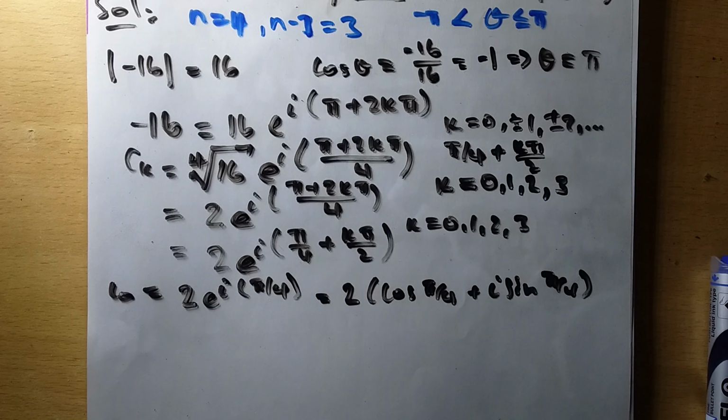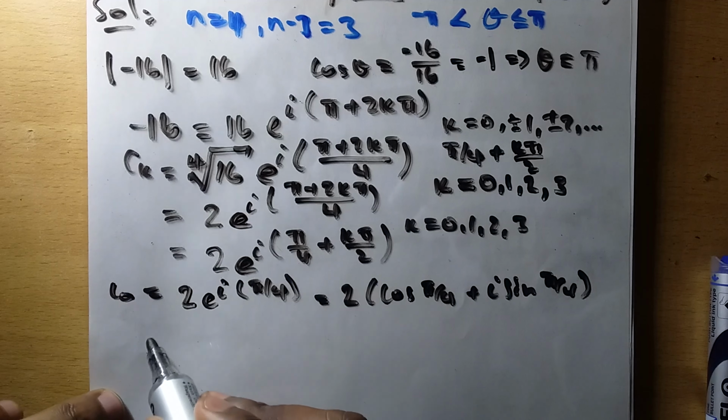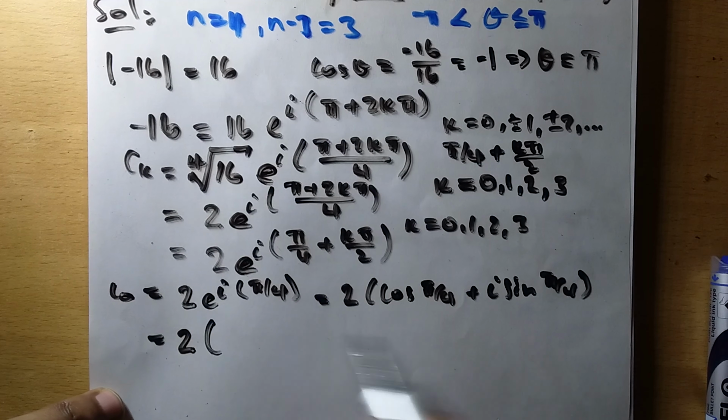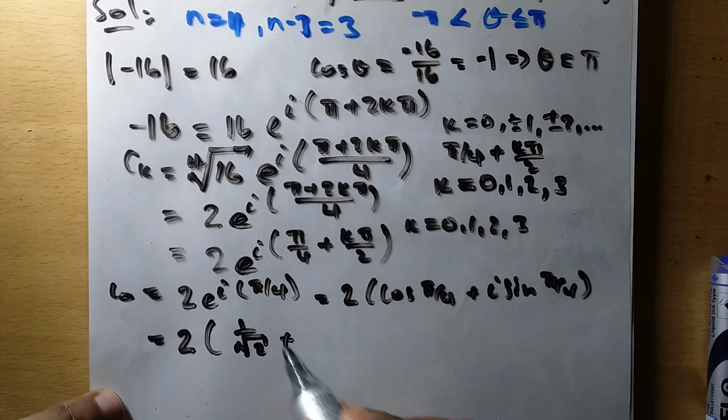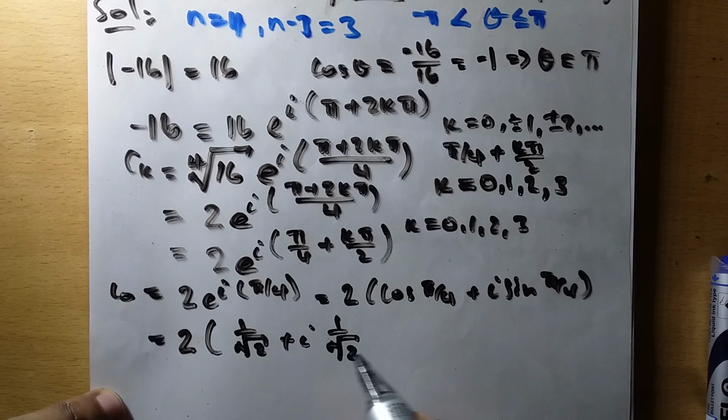Pi over 4 is a special angle, so we need to respect it. Let me not speak too much and just write. We have 2, and then this can be written as that plus i times 1 over the square root of 2.